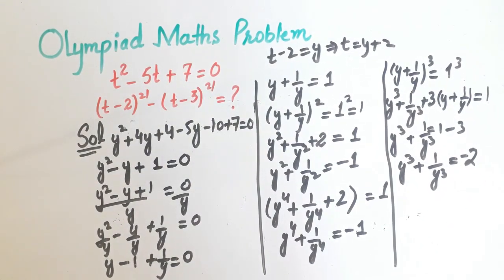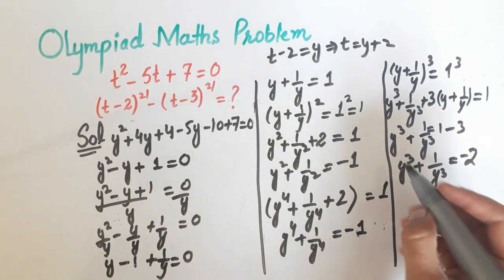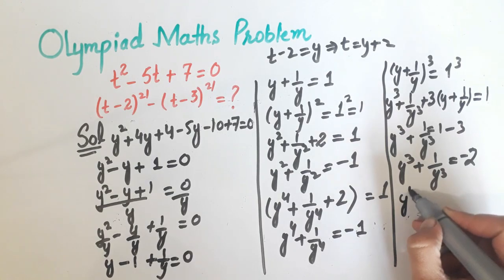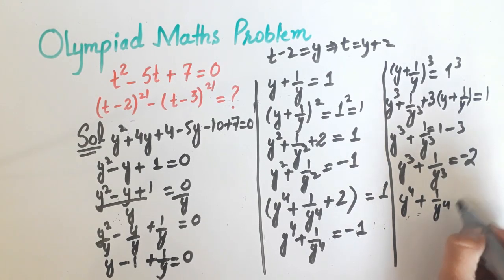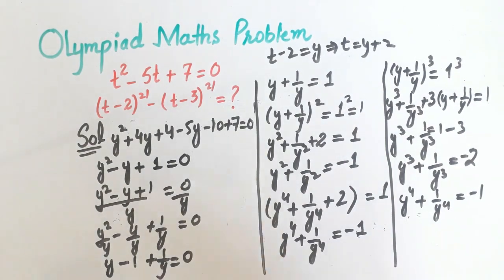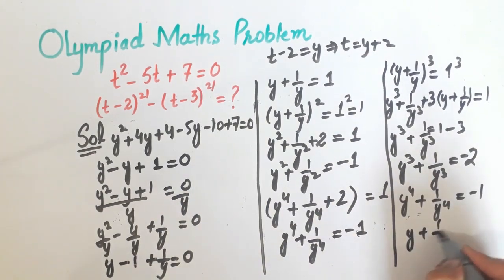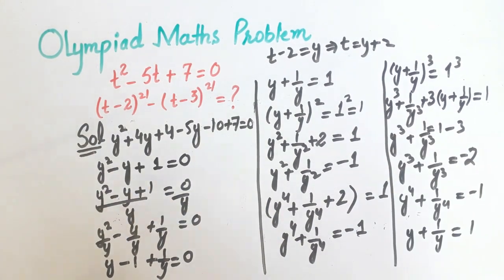Now you have to find the value of y21. So how will we solve this further to get the value of y21? We will multiply both the equations, y4 plus 1 by y4 equals minus 1, and this result is also used, y plus 1 over y is 1.